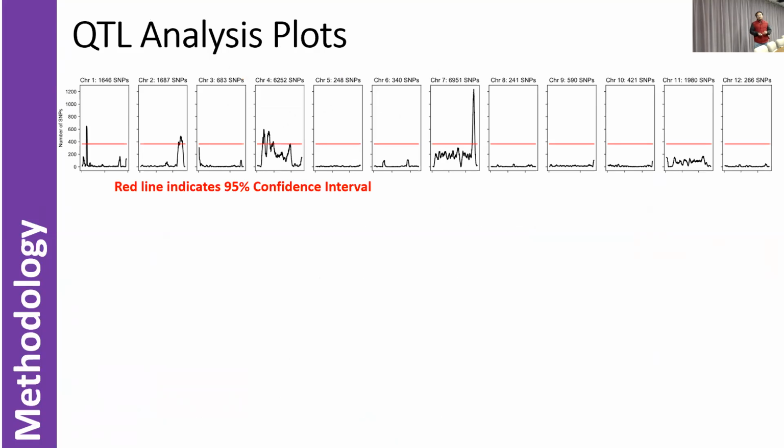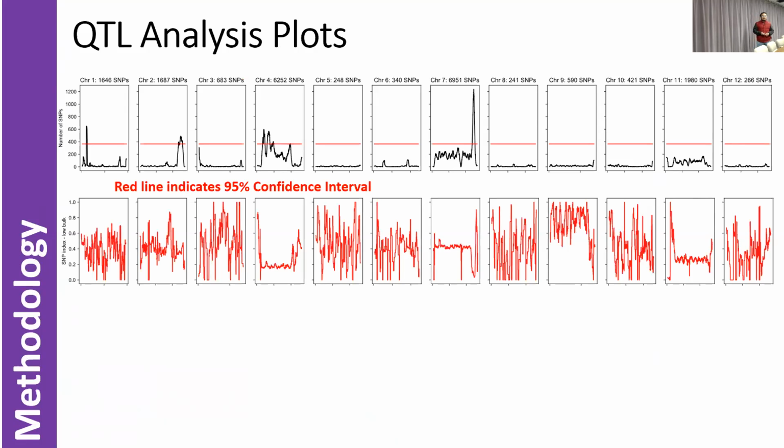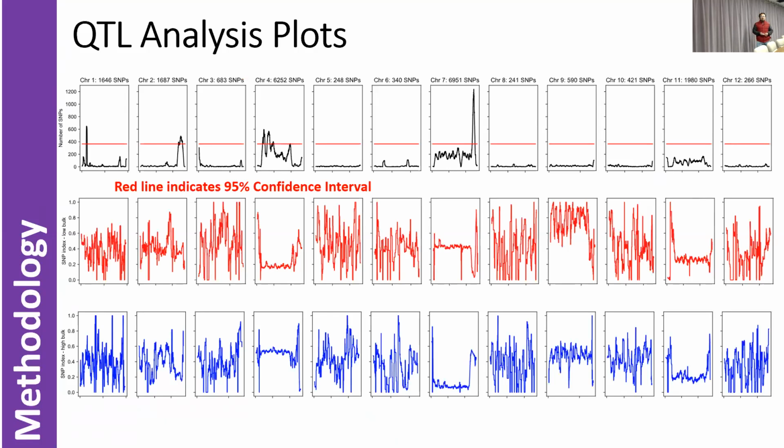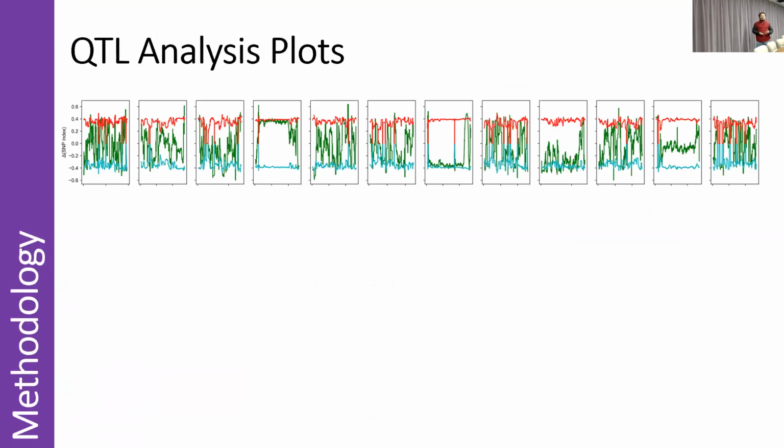So here the red line indicates the 95% confidence intervals. As I talked to you about the del SNP index of high bulk and low bulk, in the graph that we can see, the SNP index of low bulk looks like this, and that of high bulk looks like this. So now we just took the difference of these two bulks and we got these graphs.